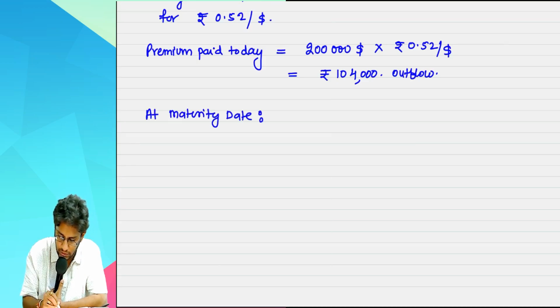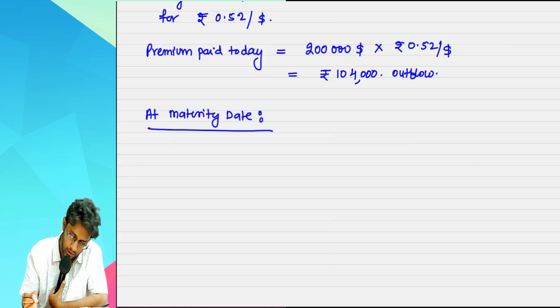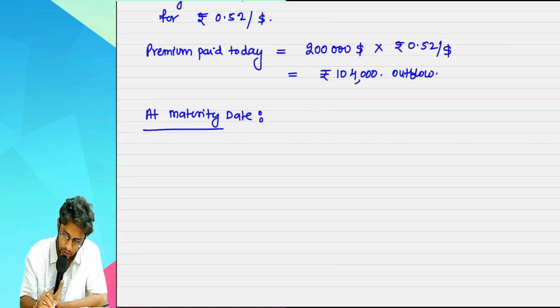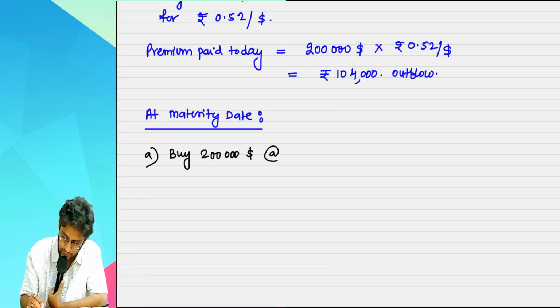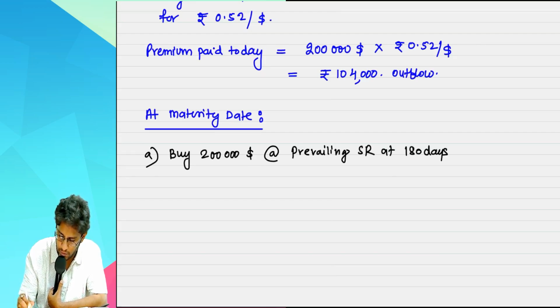At maturity date, what will happen at maturity date? Two things will happen. Number one, buy $2 lakh at the prevailing spot rate at 180 days, which is given in the question actually.